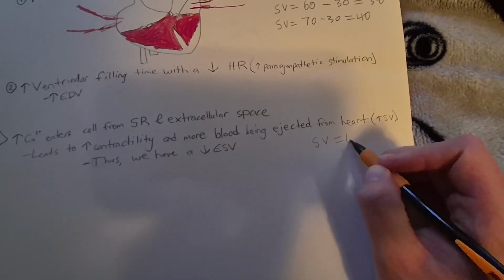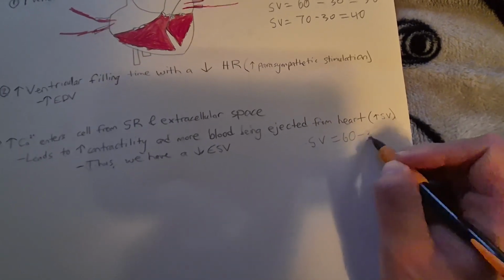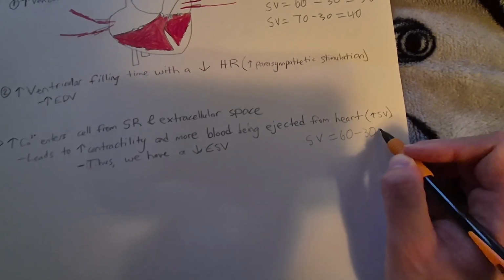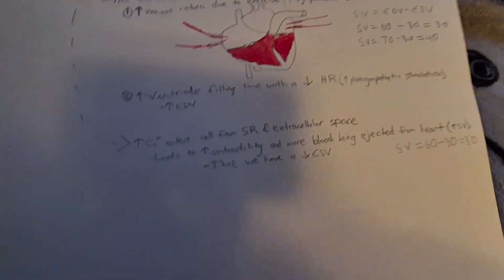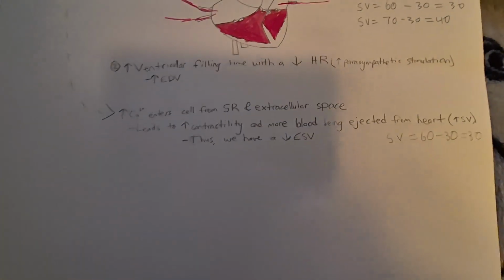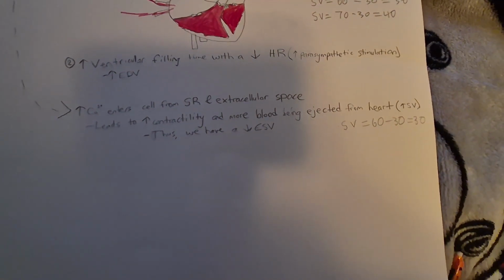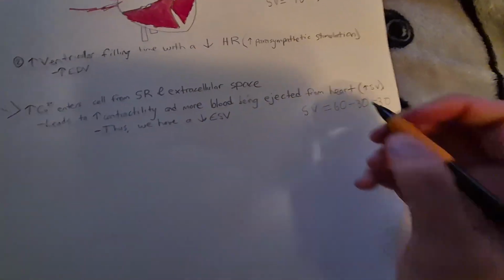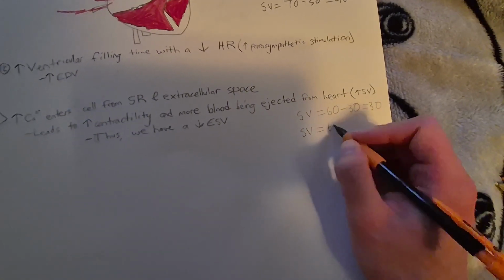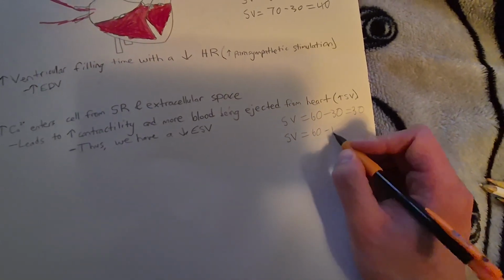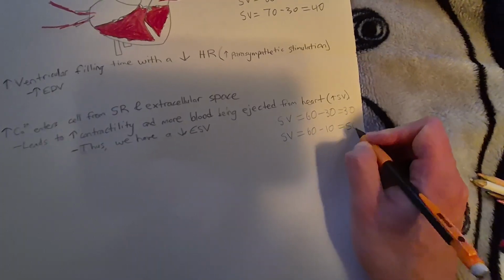And to prove that to you, again, let's say we have our homeostatic stroke volume with the end diastolic of 60 and end systolic of 30, which equals 30. But with increased contractility, thanks to our sympathetic stimulation, thanks to our increased calcium, now our stroke volume is going to look something like this: 60 minus 10, and that equals 50.